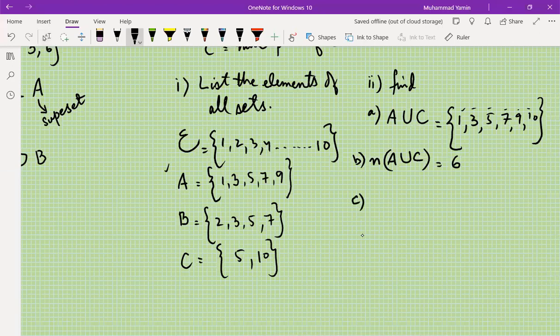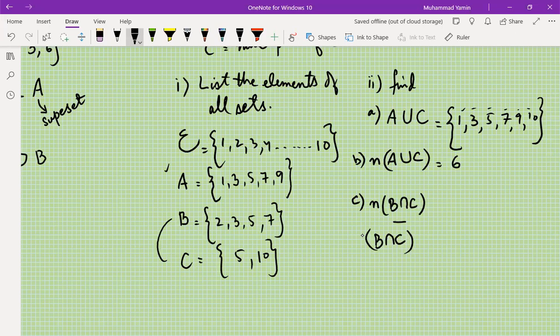Now just see, if it is said find n of B intersection C. It means, first of all, we should take out B intersection C. B intersection C means what is common in between B and C. We just see what is common.